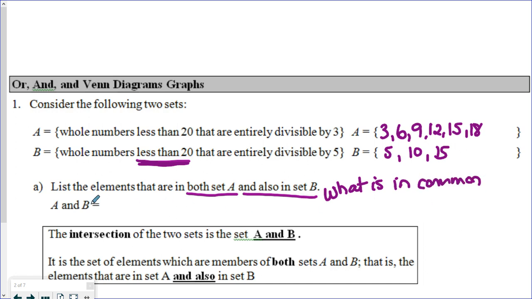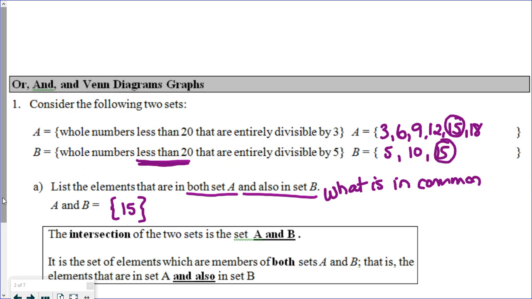So both set A and B, again, still going to use my fancy brackets there. So what we see is 15 is in both. So it's in set A and it's in set B. There's no other ones that are in common between both of them, but in set A and set B is the number 15.